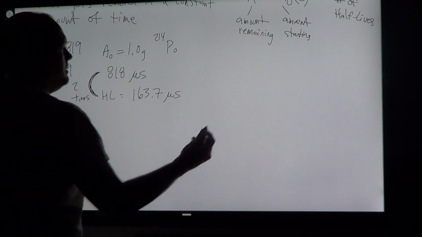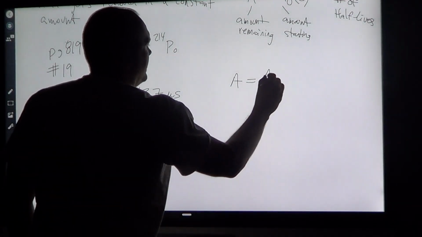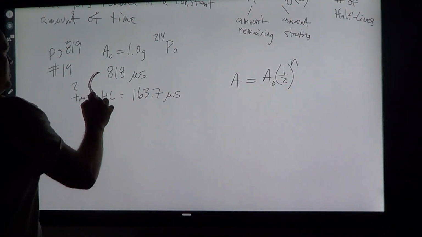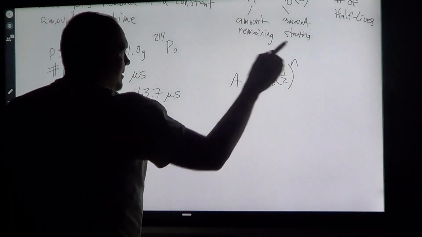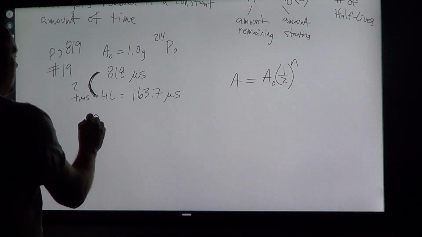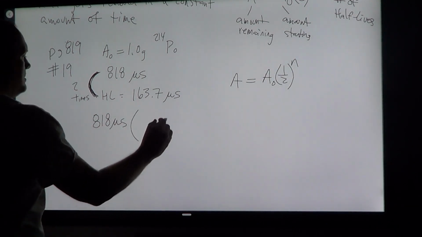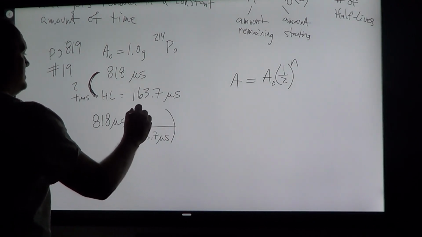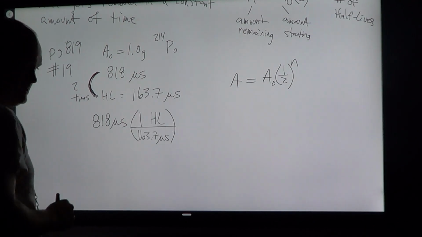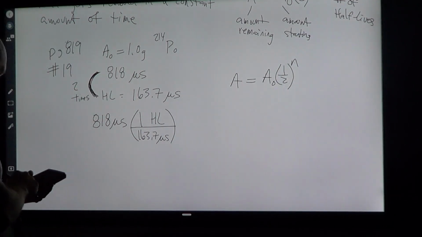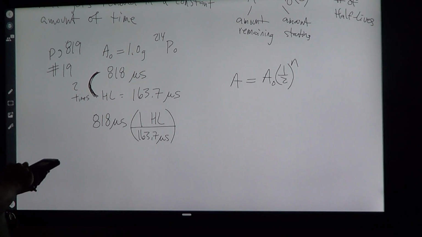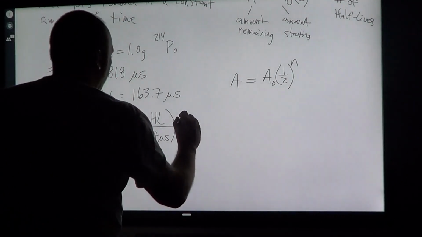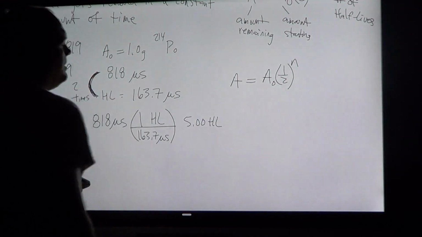Because our equation is A equals A0 times 1/2 to the number of half-lives, we need to use these 2 numbers to calculate our N. So 818 microseconds, 163.7 microseconds is 1 half-life. And so 818 divided by 163.7 is going to be 5.00 half-lives.